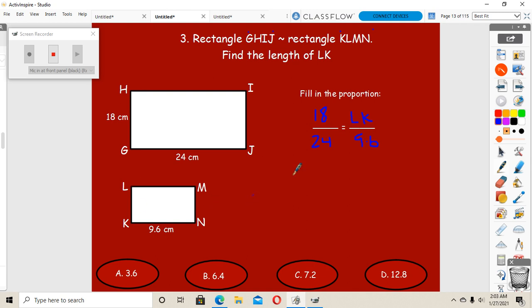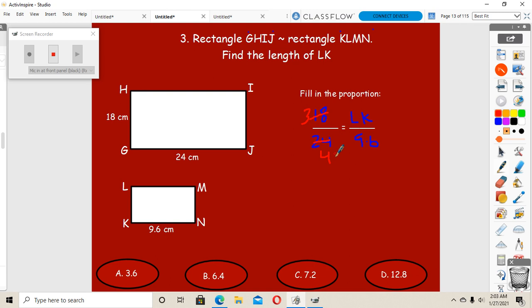We're supposed to solve it. We can cancel out here. 6 3s are 18 and 6 4s are 24.